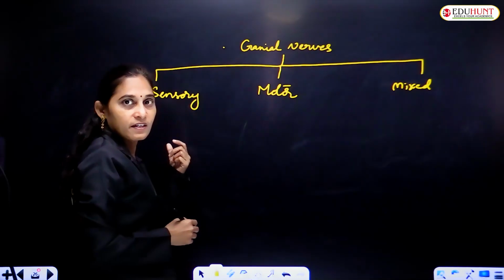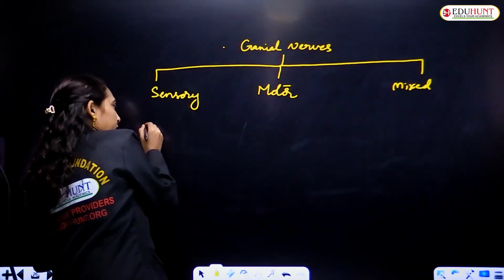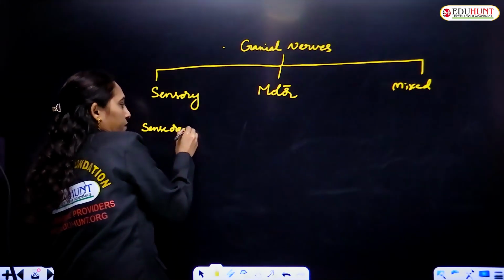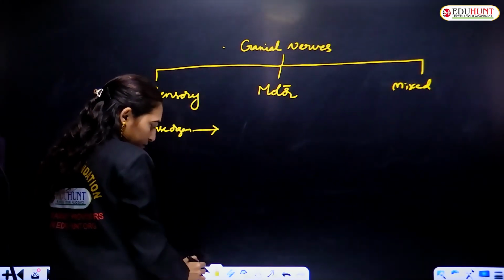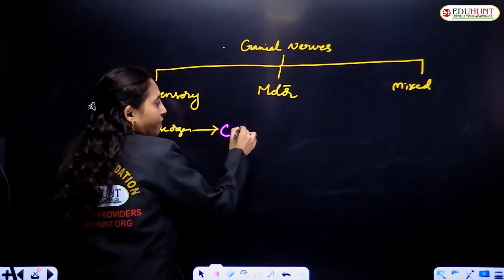Sensory nerves carry impulses from sense organ to the central nervous system.